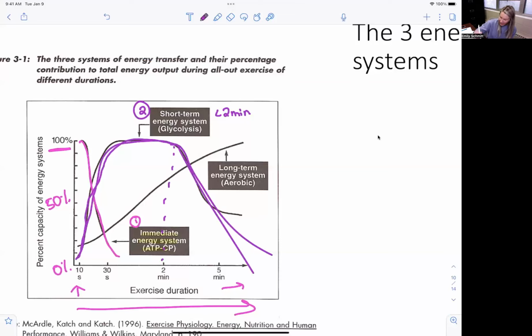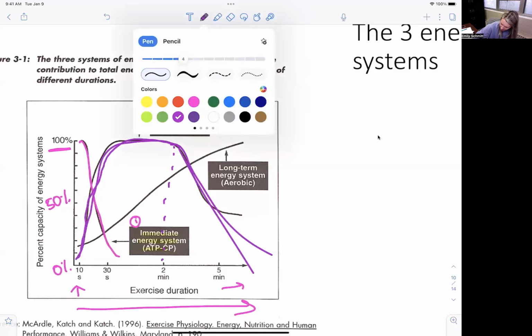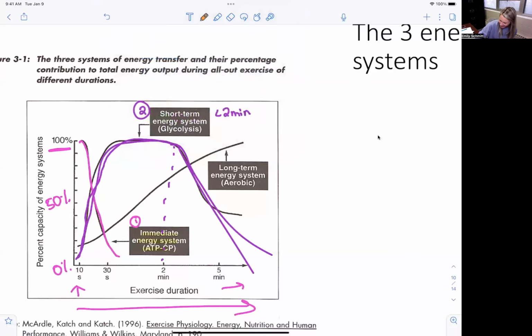Drops off. And then finally, again, I know I say we're not going to talk about it and we keep talking about it, is this long-term energy system. So our aerobic, that's really not going to kick in until 5 minutes. So you're not tapping into those long-term energy systems when you're only talking about 10, 20, 30 seconds, 2 minutes of work.